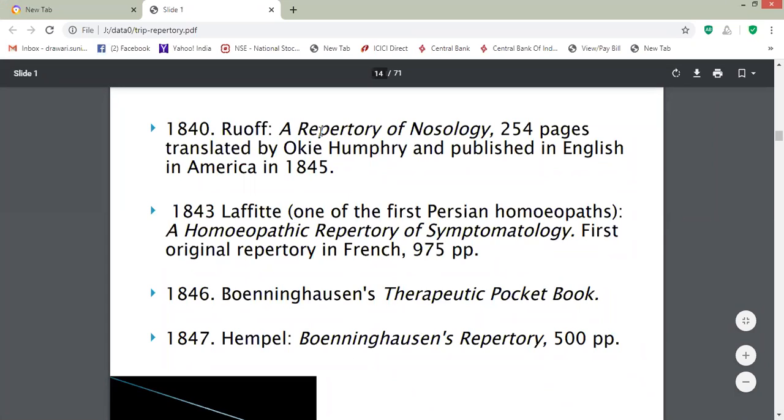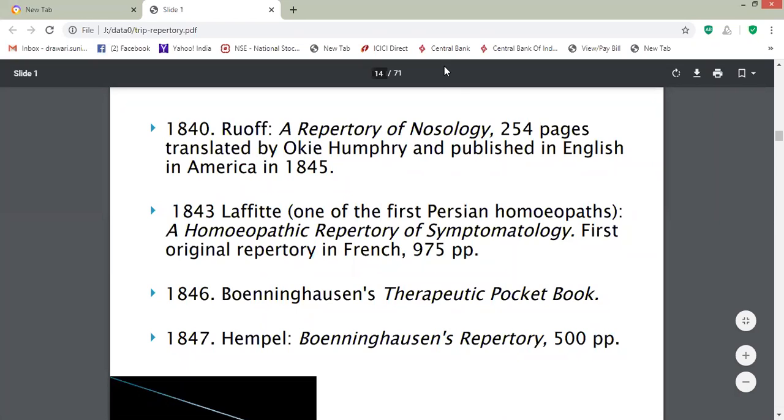Then in 1843, Lafitte, one of the first French homeopaths, the homeopathic repertory of symptomatology, the first original repertory in French, which has 975 pages. Then in 1846, Dr. Boenninghausen's masterpiece, the Therapeutic Pocket Book, was published.